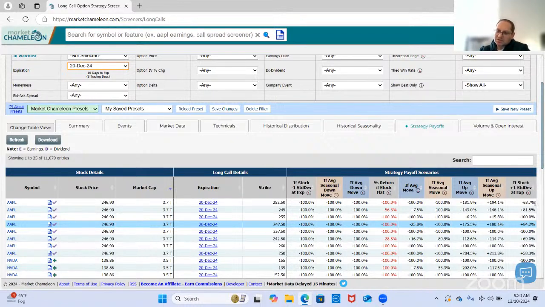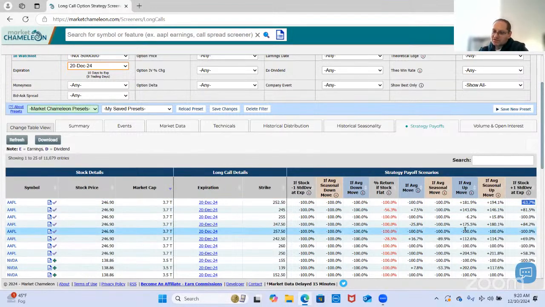Well, in that case, this option will lose 63% of its value. So not 100%, it'll be a little bit in the money, but it won't go up enough to cover the cost of that option. You're going to lose 63.7% of your initial amount at risk.